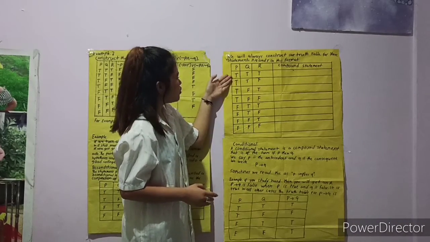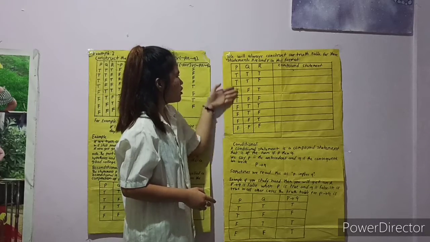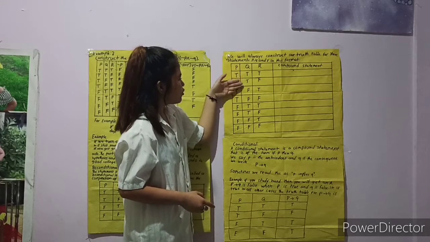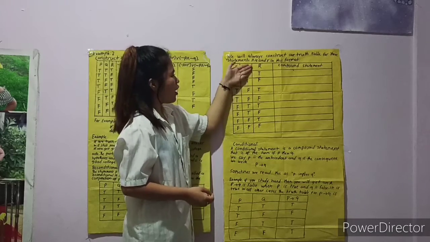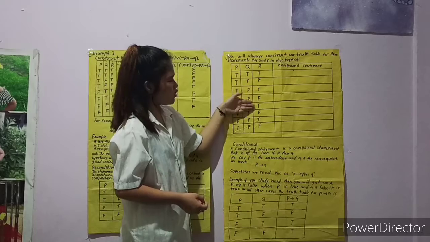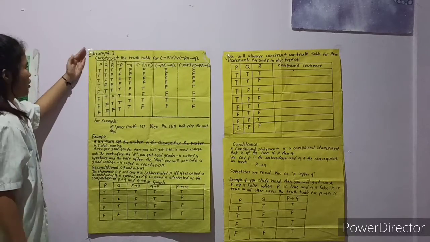P, we have true, true, true, true, false, false, false, false. In Q, true, true, false, false, true, true, false, false. In R, true, false, true, false, true, false, true, false. Example number 3.